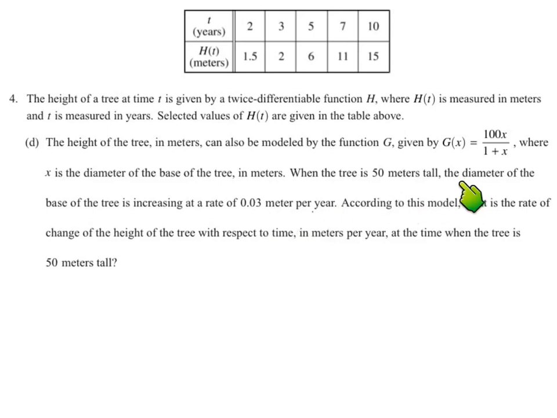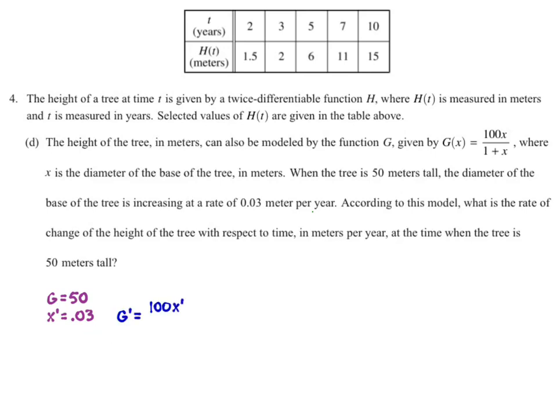So x is the diameter, and x prime of t is 0.03. We're looking for the rate of change of the height when the height is 50 meters tall. So we know the height of the tree is 50 meters, and at that time the rate at which the diameter is increasing is 0.03.